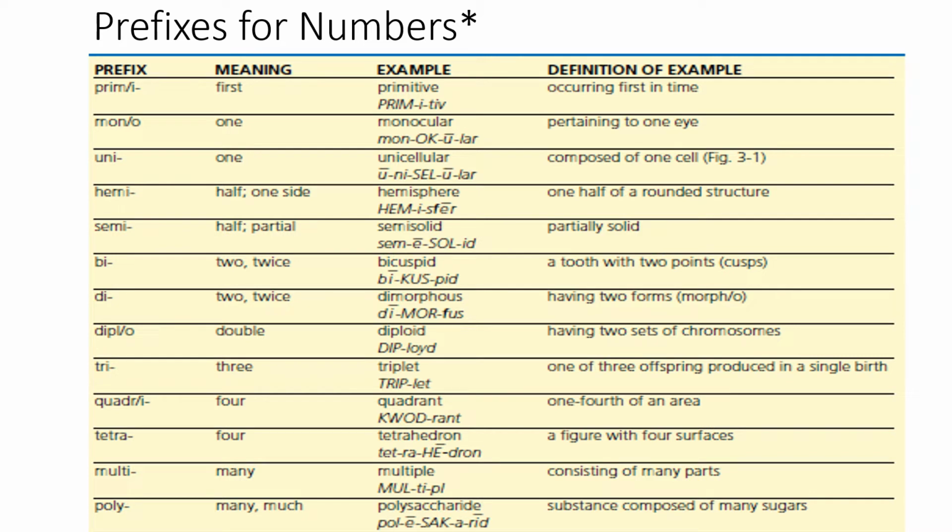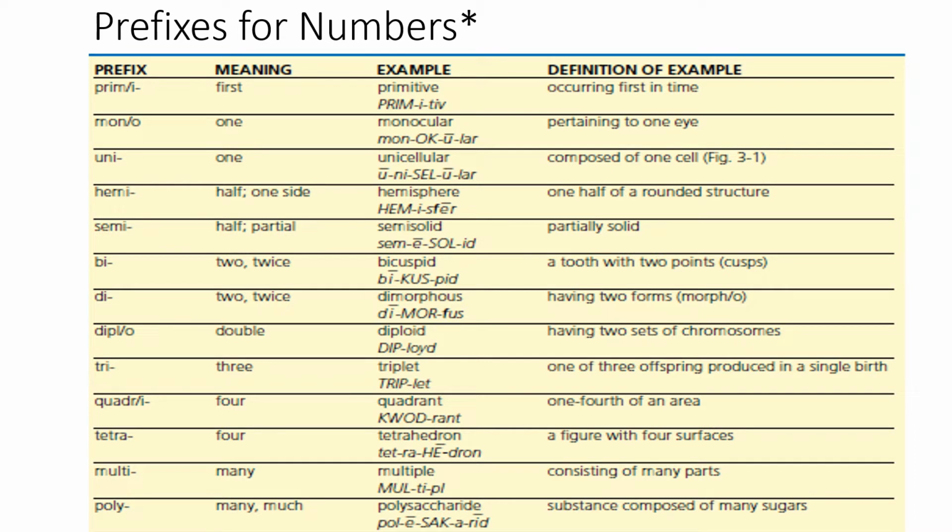Next we have diplo, meaning double. Diploid, having two sets of chromosomes, or double chromosomes.